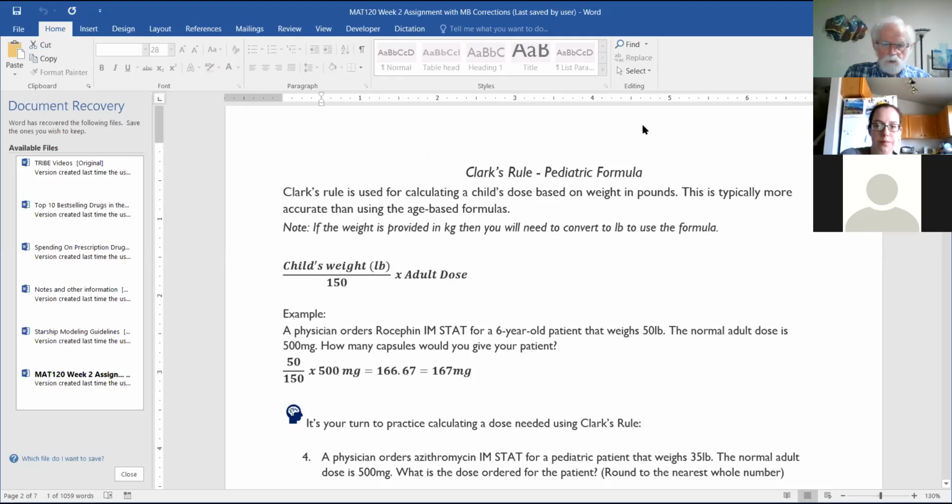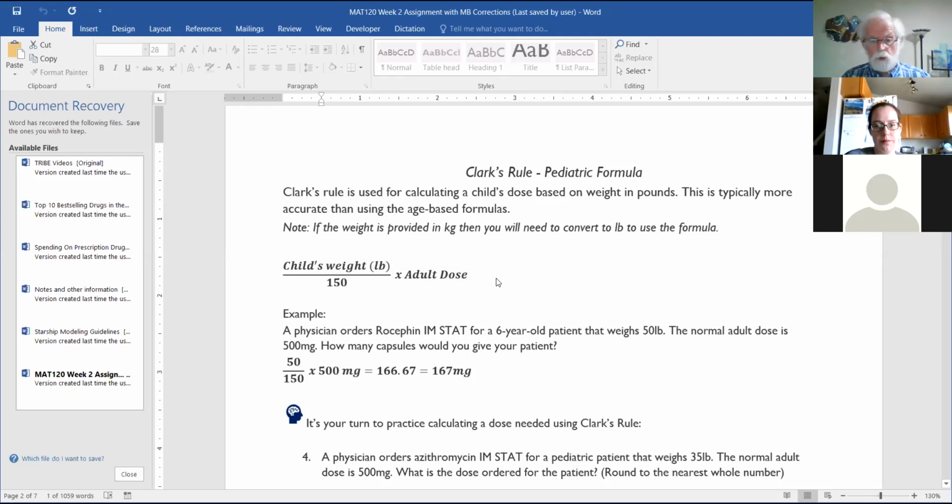So the first one we're talking about is Clark's rule. It is basically to divide the child's weight in pounds by 150 pounds, and then multiply that by the adult dose.